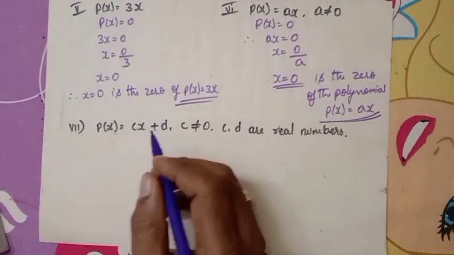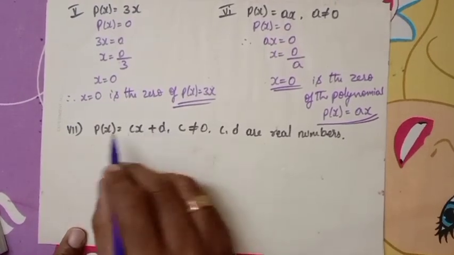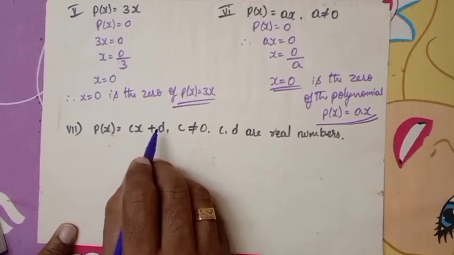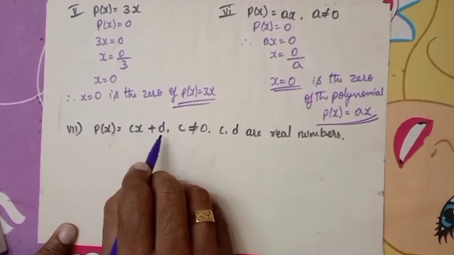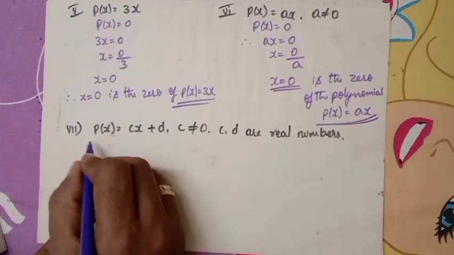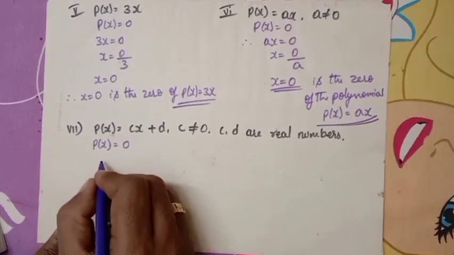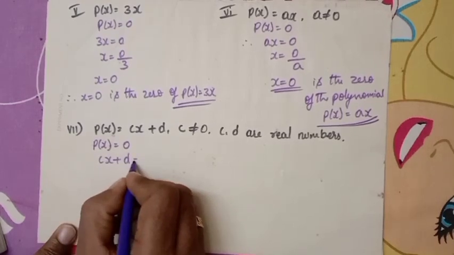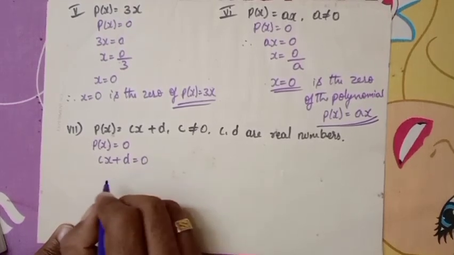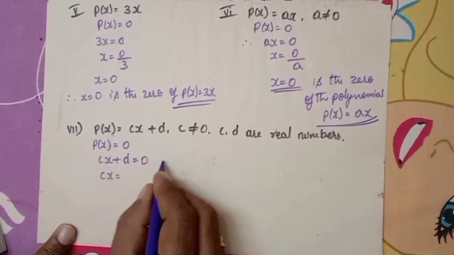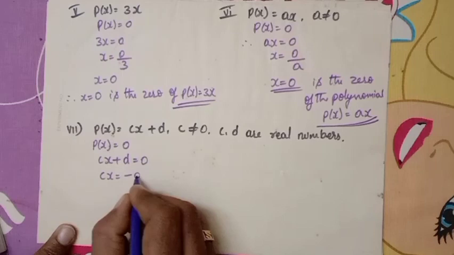The last problem of this exercise 2.2 is to find the value of x for which the polynomial vanishes. That is, we have to find the zero of the polynomial. So, p of x is equal to 0. Therefore, cx plus d is equal to 0. So, cx is equal to, when this d shifts to the RHS, minus d.